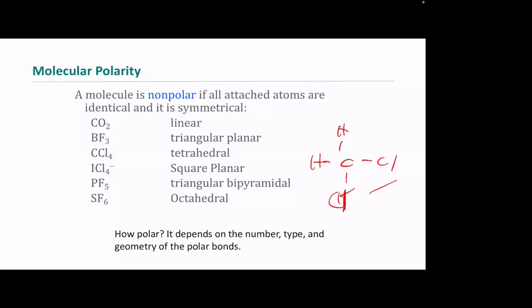That's not that critical, as long as you realize those are both polar. And then you can make some of the obvious observations that poles will cancel each other out, that type of thing. I'm not going to ask you to put some in order of increasing polarity if they're very similar to each other.